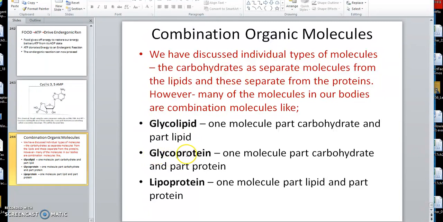A glycoprotein, part carb, part protein. A lipoprotein, part protein, part lipid. So I kept them independent, but you're going to see we're going to be using combinations a little bit later.